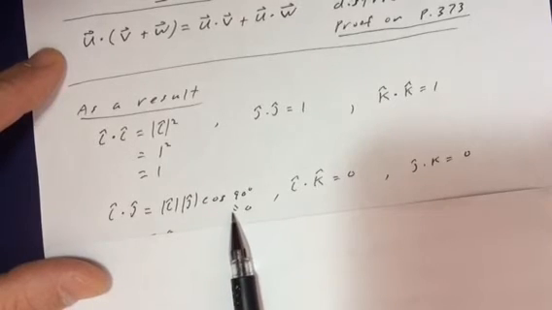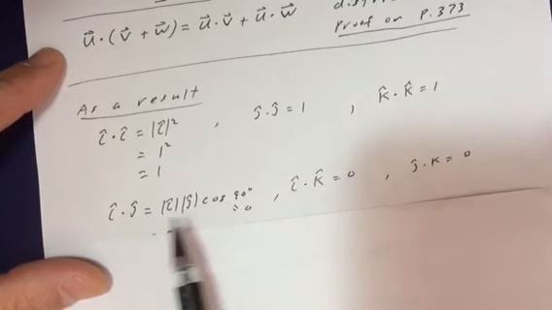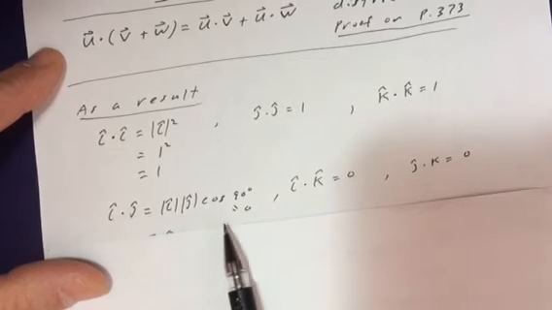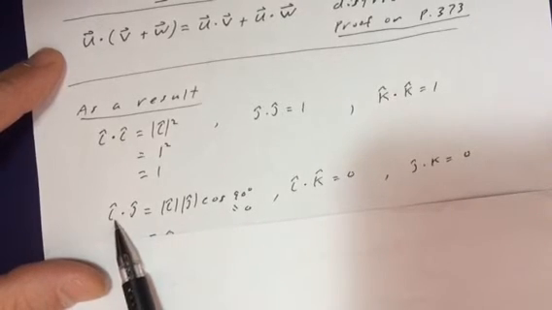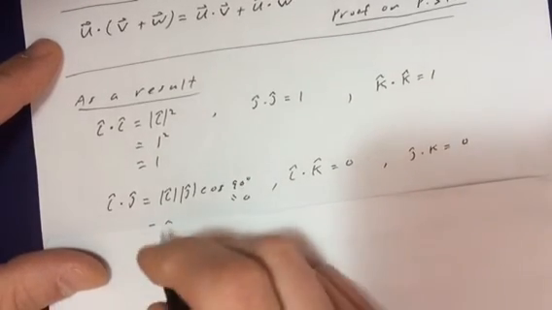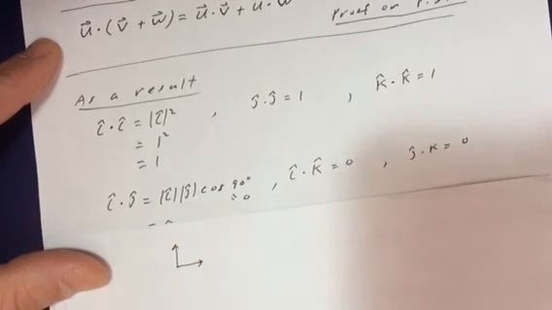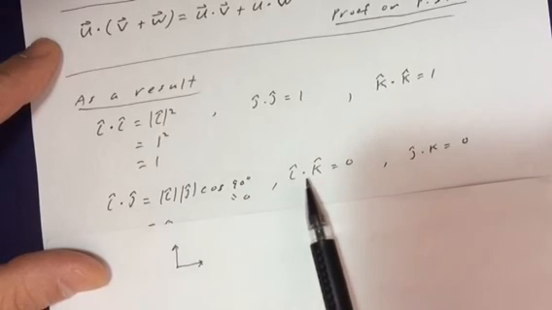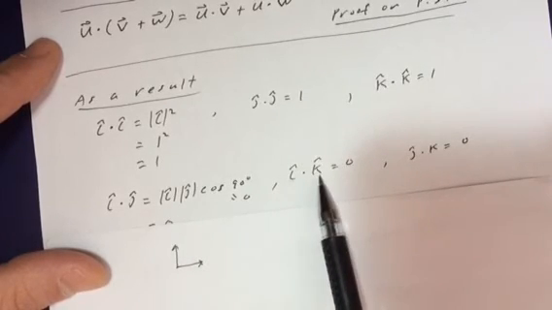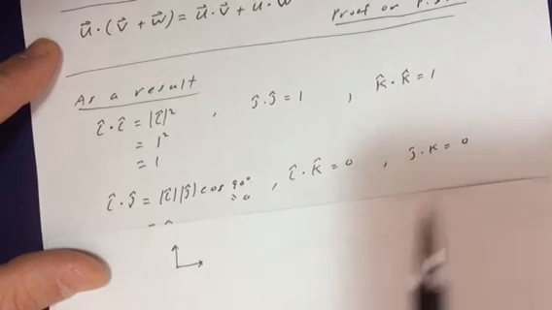We know cos 90 is 0. So when you dot product these two, you get 0, which makes sense because they are perpendicular vectors. The projection of i onto j is 0 times the magnitude of j, which is 1. So that's true then for i dot k equals 0 and j dot k equals 0.